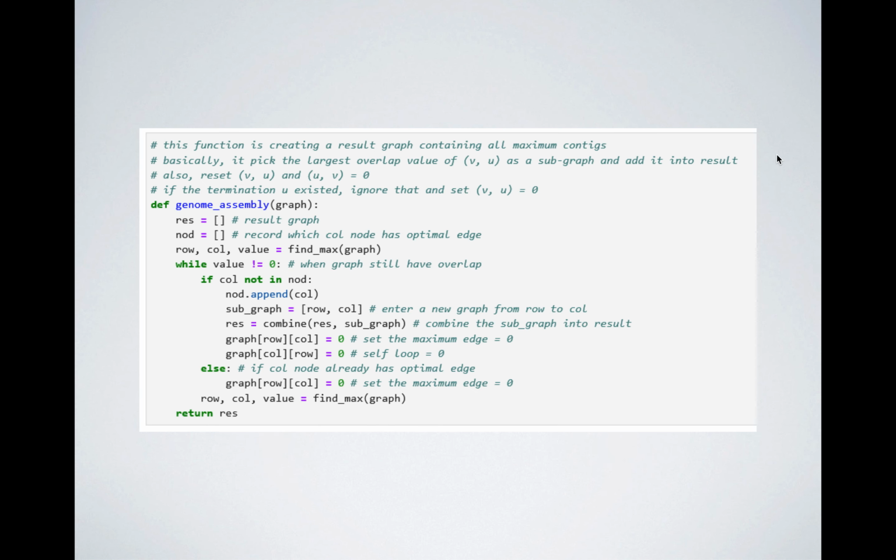The next one is the function creating a result graph containing all maximum vertices, and it would pick the largest overlap value of VU as a subgraph and add it into the result. Also, we would like to reset those values to 0. And if the termination U existed, we should ignore that and set the values to 0 again.